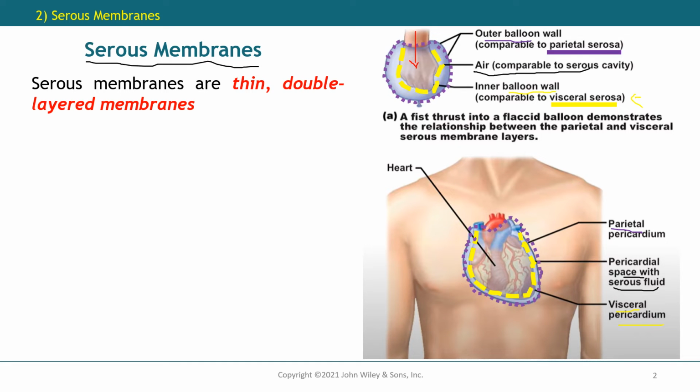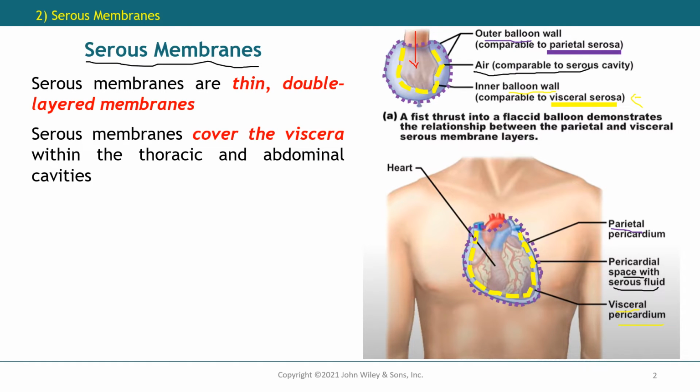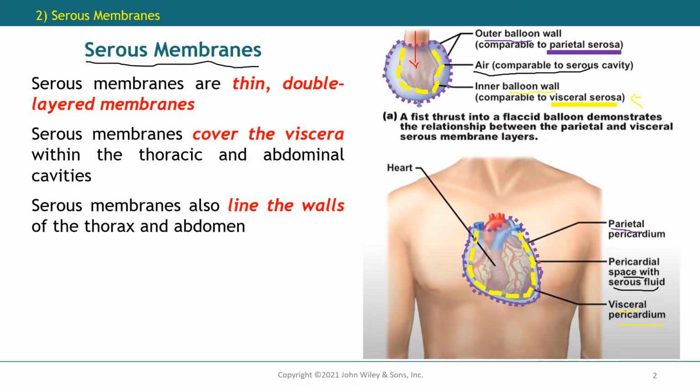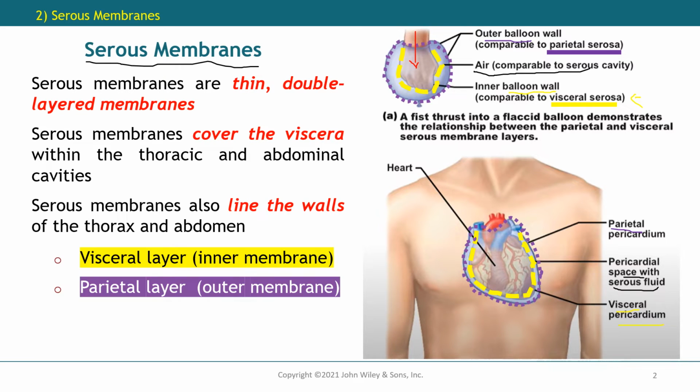And these serous membranes cover the organs in the thoracic and abdominal cavities. There are two types of membranes: the visceral layer, which is the inner membrane, and the parietal layer, which is the outer membrane.